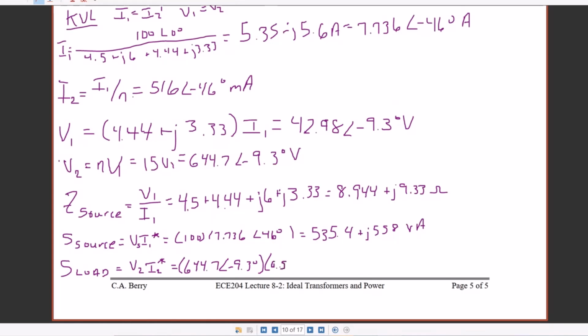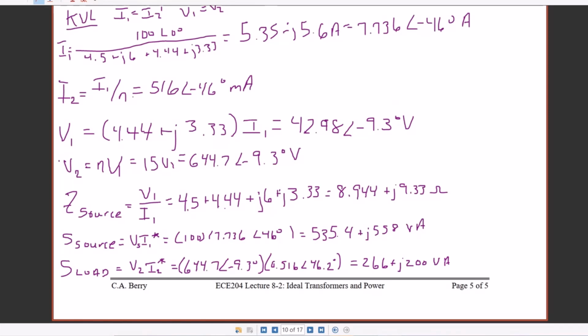I don't have to do the milli. It's positive 46 degrees because it's the conjugate. And so that complex power in rectangular form is 266 plus J200 volt amperes.